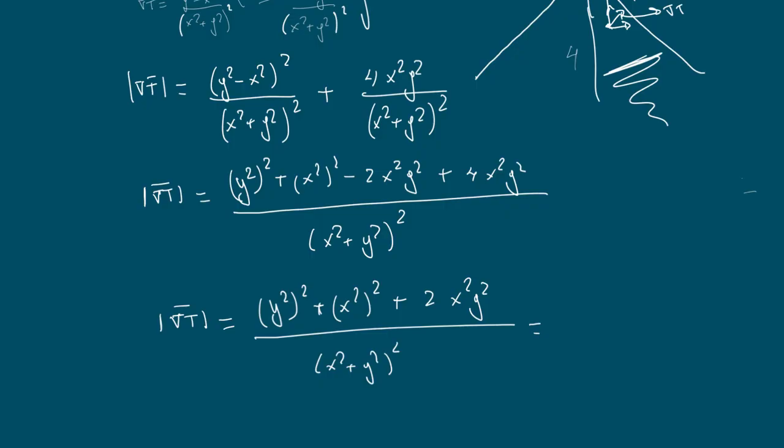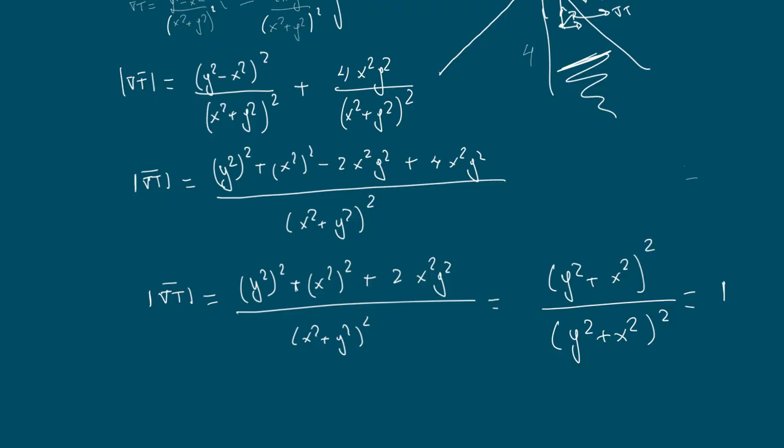Or in other words, y squared plus x squared, squared, because this will be all this again, divided by x squared plus y squared, squared. Wow, this is 1.